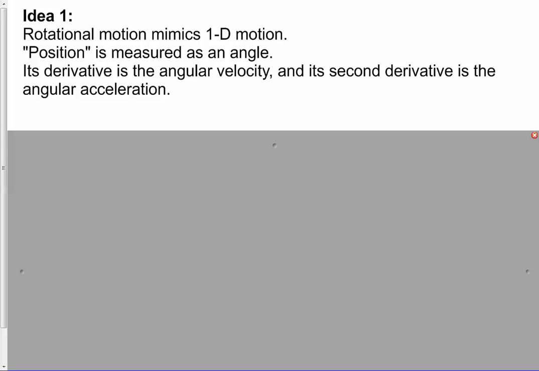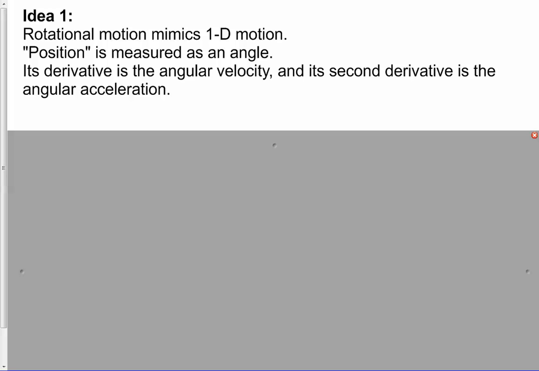But we're going to tweak them so that they work for rotating instead of just moving through space. It's going to be kind of a 1D problem, because if you're rotating, you can only go in two directions. You can go clockwise or counterclockwise. Just like in regular 1D motion, you either go to the left or to the right. So that's the analog: one-dimensional motion.